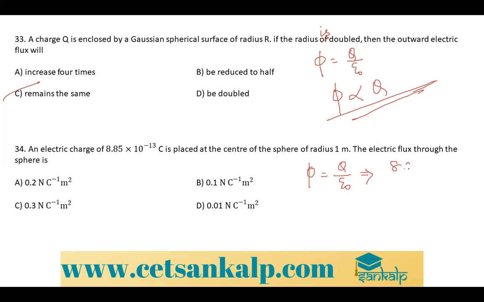So Q is 8.85 into 10 to the power minus 13 divided by epsilon naught value 8.85 into 10 to the power minus 12. So this cancels, and what remains is 0.1. So 0.1 Newton meter square per coulomb. So option B is the right answer.